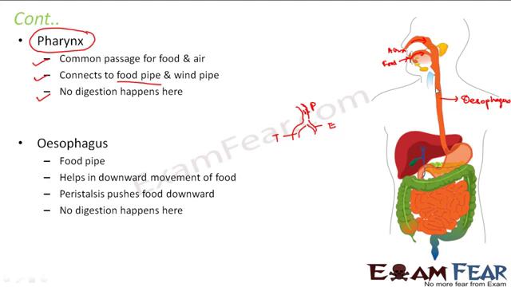On the walls of this pipe, there are some muscles which are present. These muscles keep contracting and expanding in periodic intervals of time. This rhythmic movement, or contraction and relaxation of the muscles on the wall of the esophagus, helps to push the food downward. Let us suppose this is the pipe, and this is a food particle which is entering in.